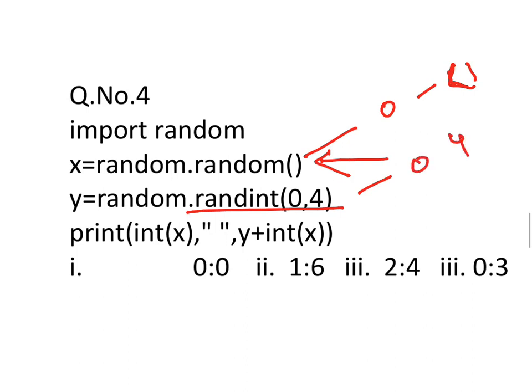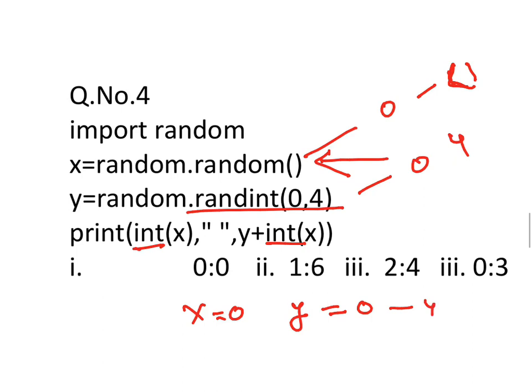Now you see here we have taken integer and integer. So if any fractional value is there, that will be converted into integer. So the value of x will start from 0 point something. So when you convert it into integer, the value of x will be 0 only. The value of y will be from 0 to 4.